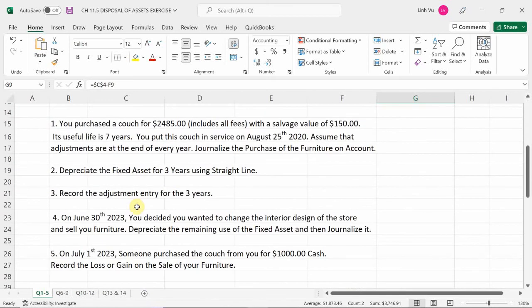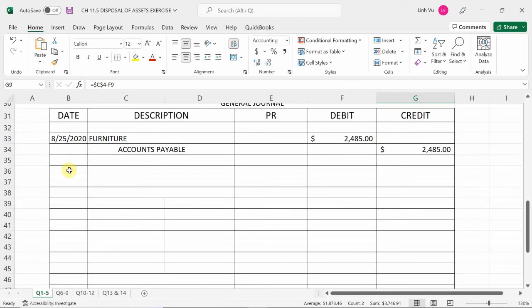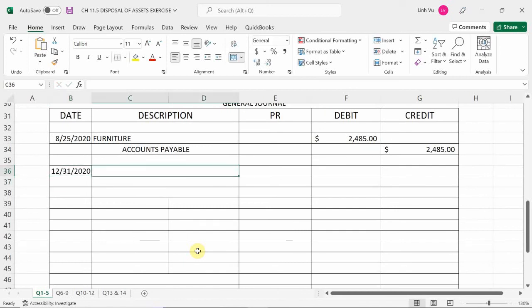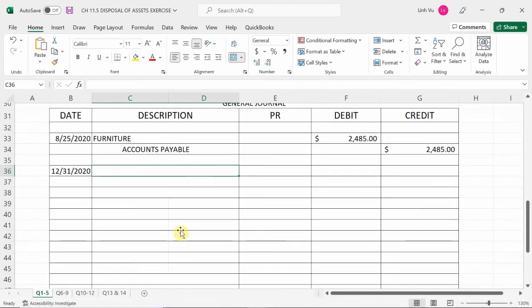So then number 3 says we're going to record the adjustment entries for 3 years. So let's go ahead and record the adjustment. So again, December 31st of 2020. How am I going to record my depreciation? Depreciation expense.